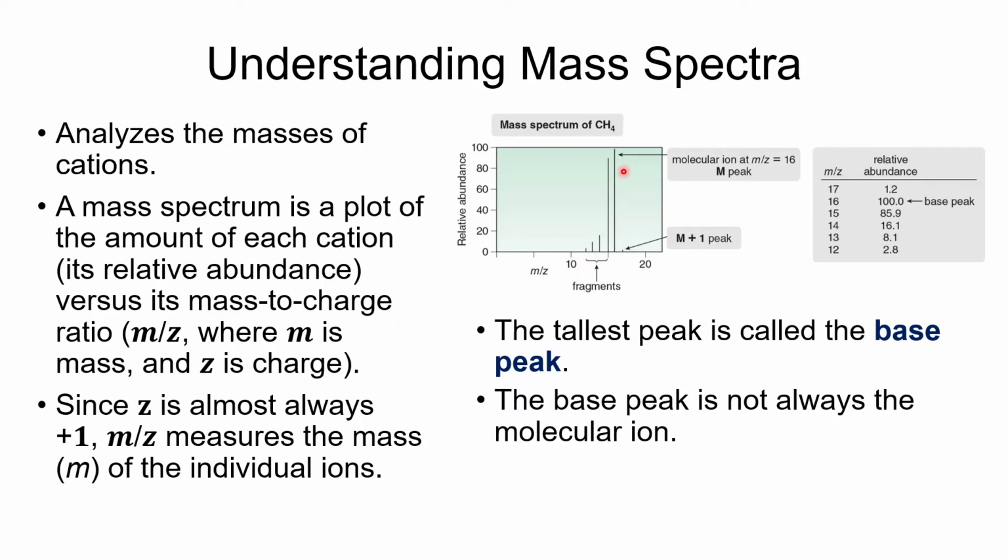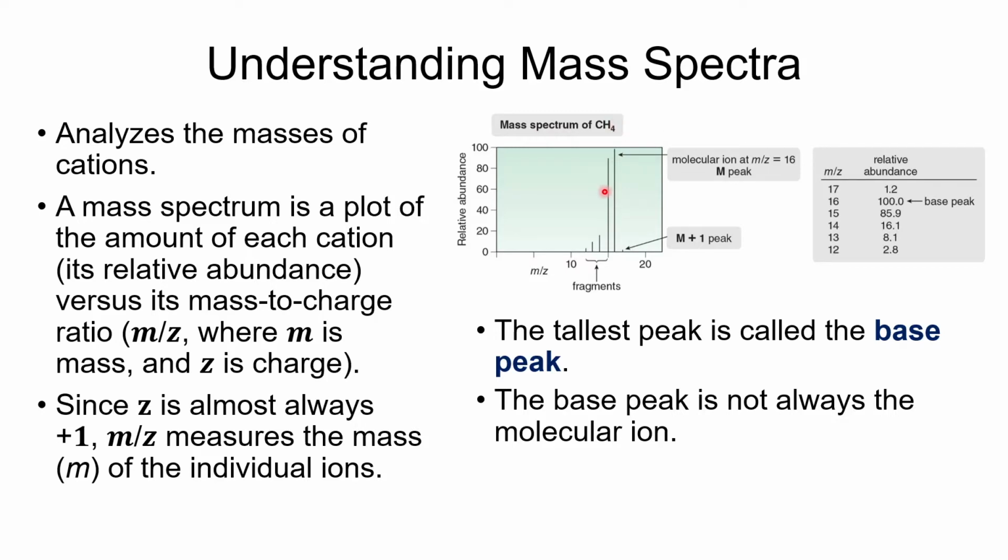It's the biggest peak in here. Well, some of those CH4+ radicals are going to decompose to CH3+. And when they do, those also fly through, and that's going to have a mass of 15. So 12 plus the 3 hydrogens would be 15.